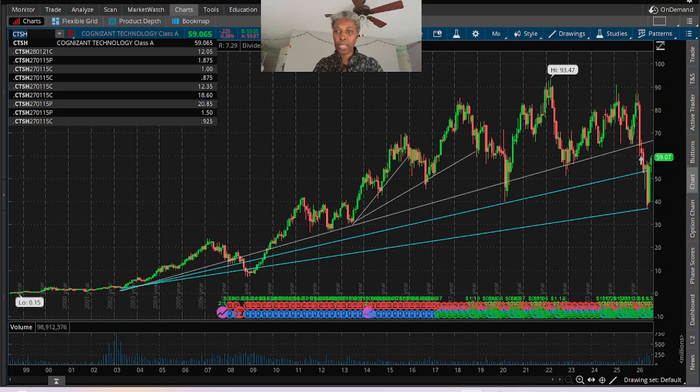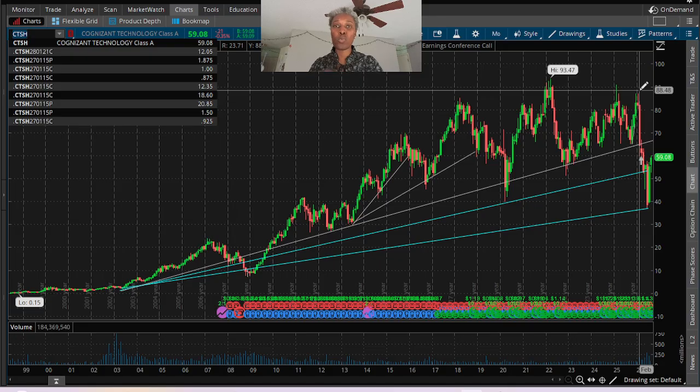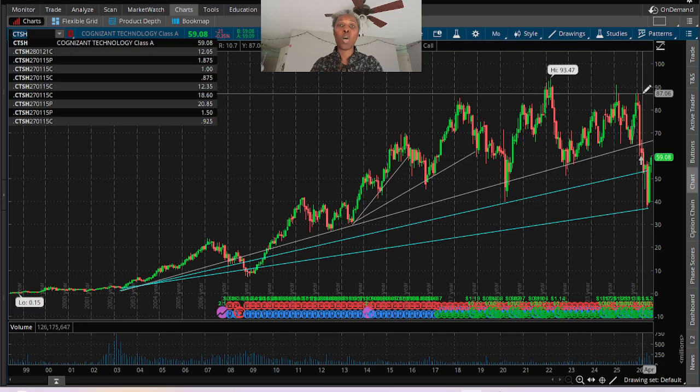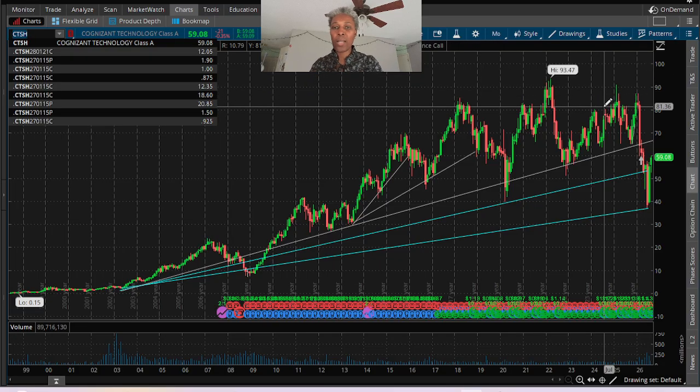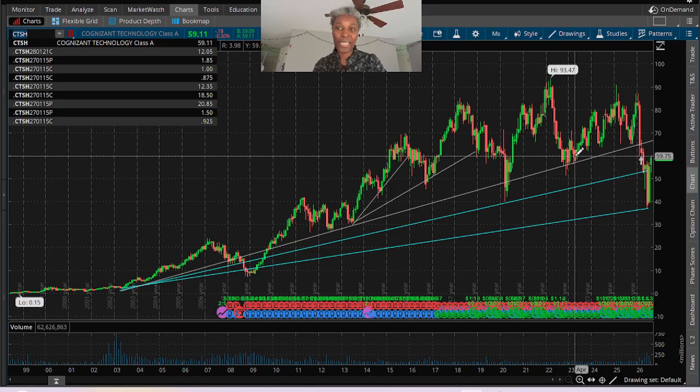Okay, so when we are looking at CTSH on a maximum monthly chart, it is closer to the valley line that we like to buy it on, our buying zone, than it is close to the selling zone, the all-time highest price. When I'm looking at this stock, I will say it is more an investment type of stock, but at the same time it is a stock that I will prefer not to buy again.